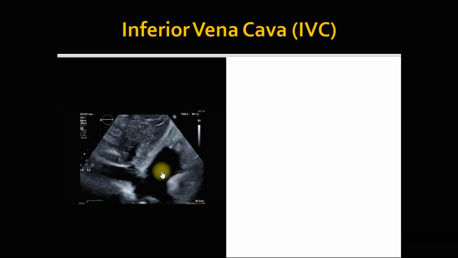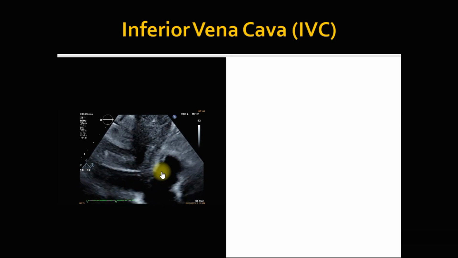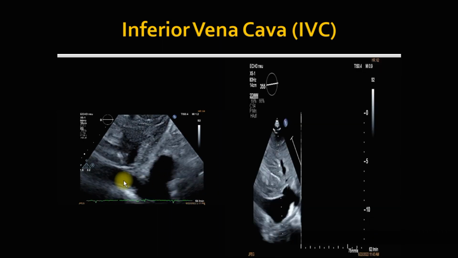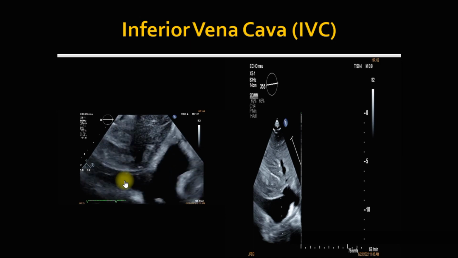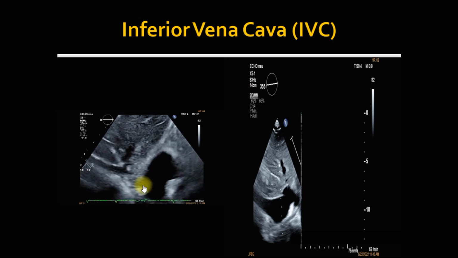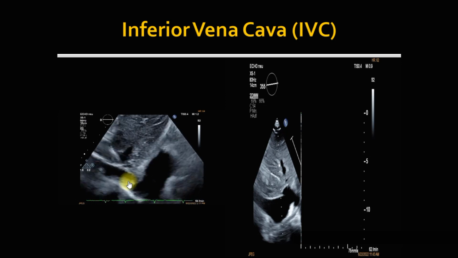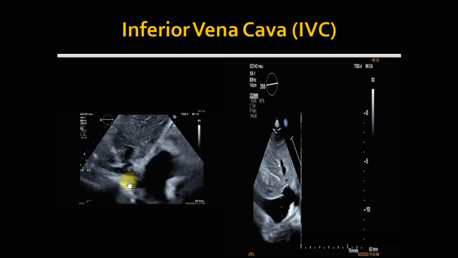At first, we have to get a subcostal view of the inferior vena cava. We have to measure the diameter of the inferior vena cava. And the second part, we have to look for the inspiratory collapse of the inferior vena cava.